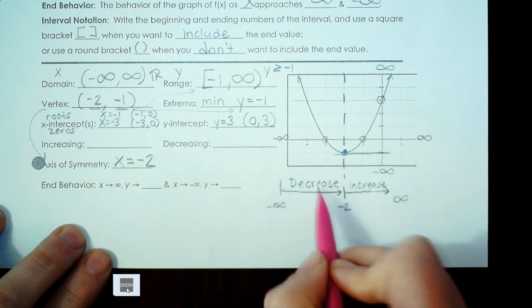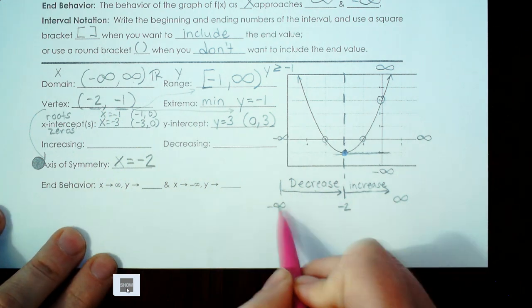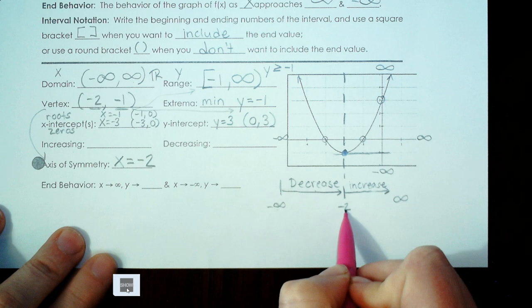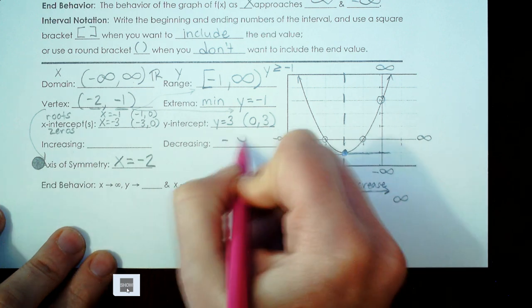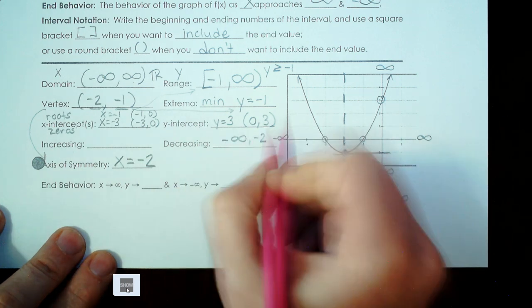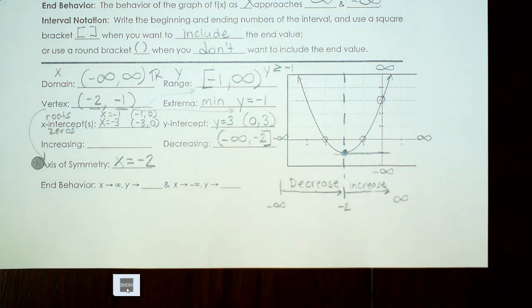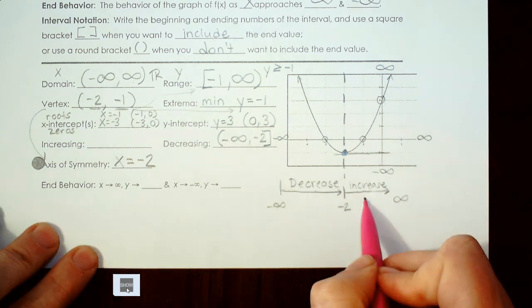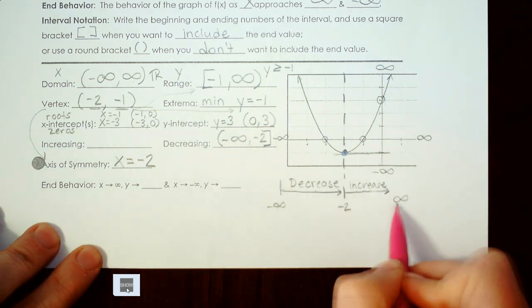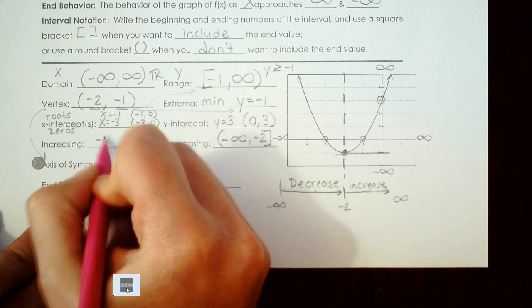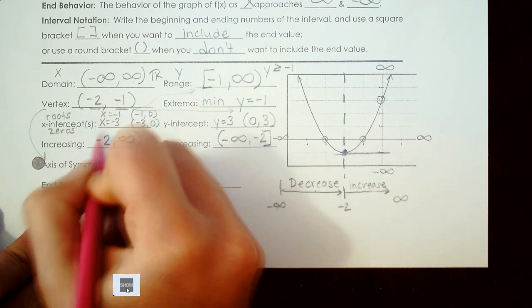It's decreasing from -infinity to -2. So we're going to write that here. -infinity to -2. Up to -2, not including -infinity. It's increasing on this side from -2 to positive infinity. So I'm going to write that there.